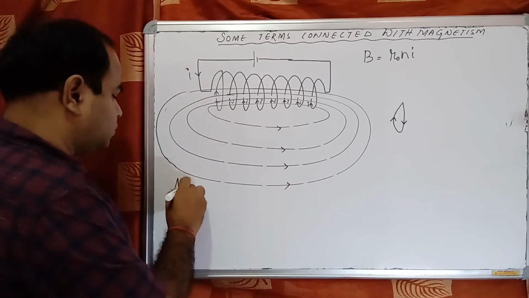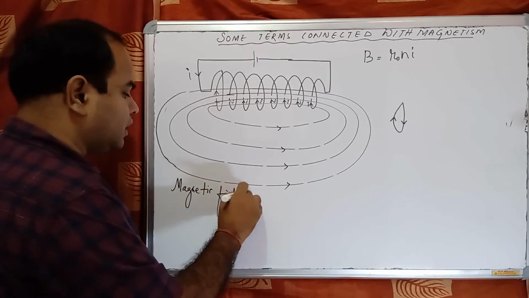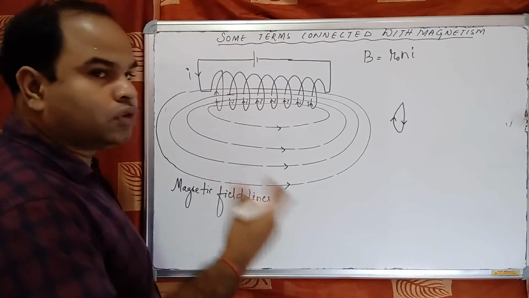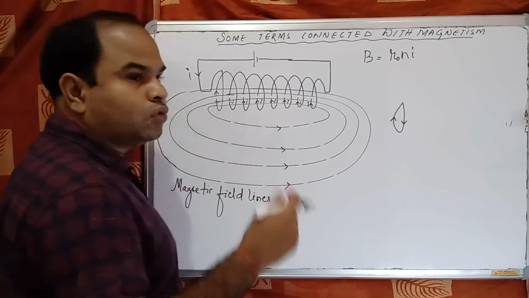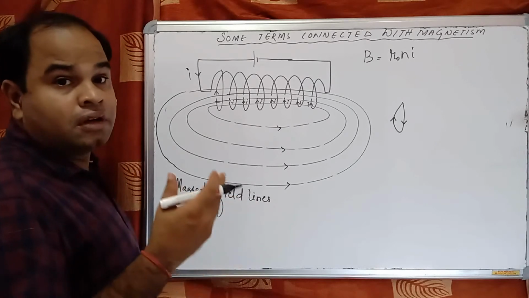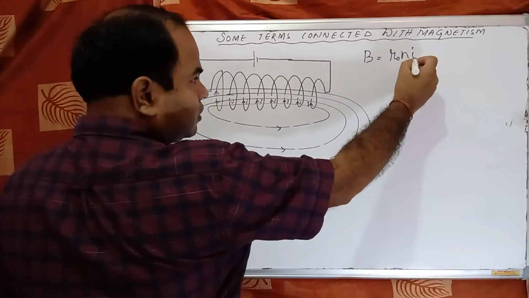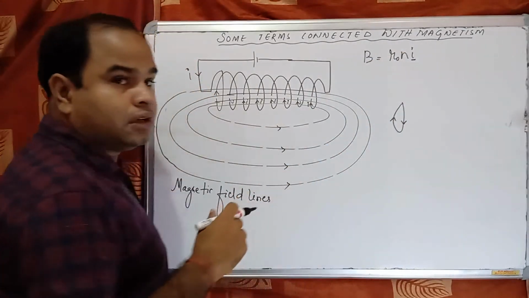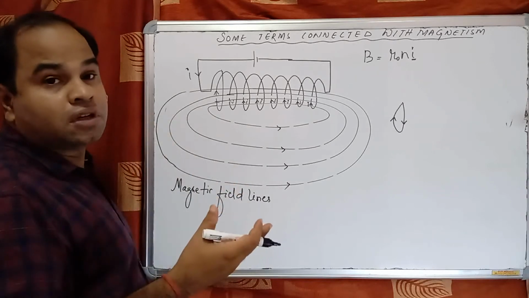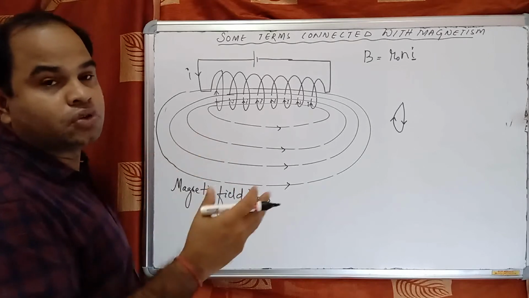The more the number of turns, the more the number of field lines produced by the solenoid. Again, the current flowing in a loop of the solenoid produces a magnetic field.